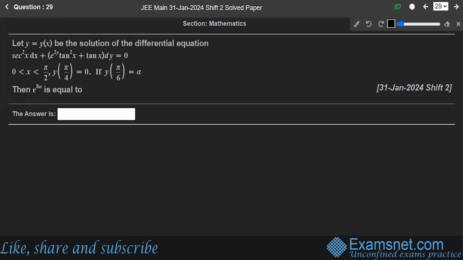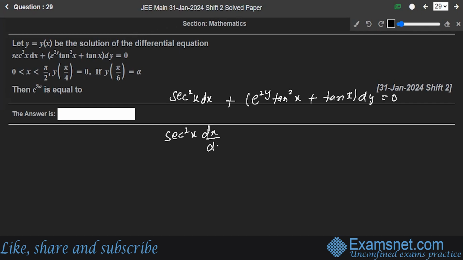Let's write the differential equation that is given over here. This is secant square x dx plus e power 2y tangent square x plus tangent x into dy is equal to 0. Or this can be written as, dividing both sides by dy, secant square x dx upon dy plus 2 e raised to power 2y tangent square x plus tangent x is equal to 0.